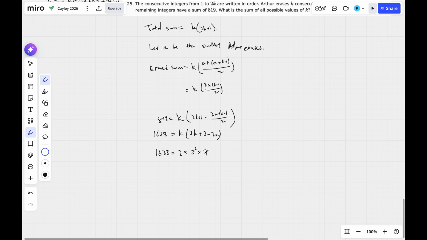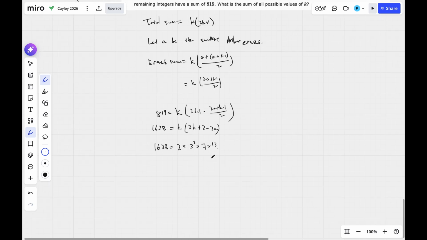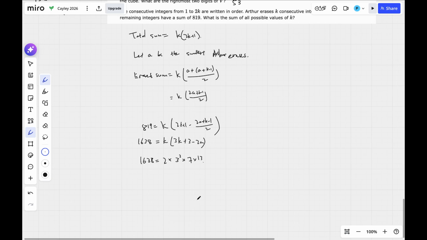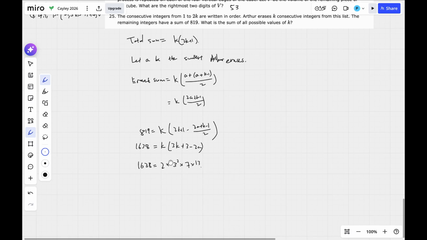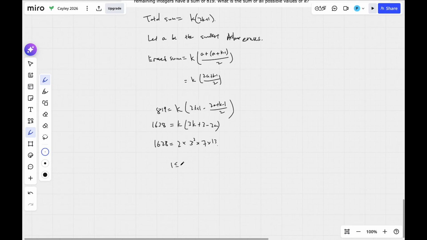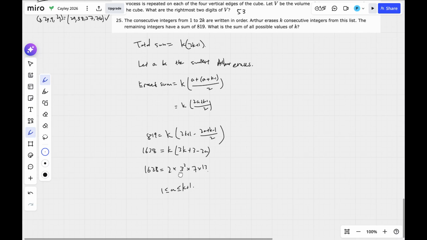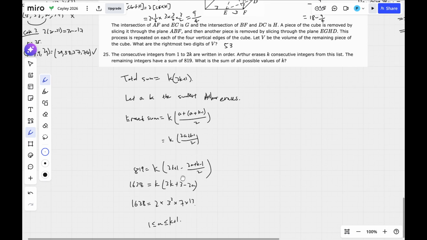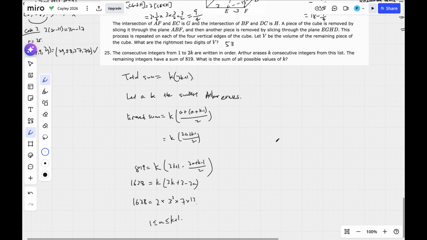So now we know that k must be a divisor of 1638. Now we need to prime factorize. If we do that, we get 2 times 3 squared times 7 times 13.